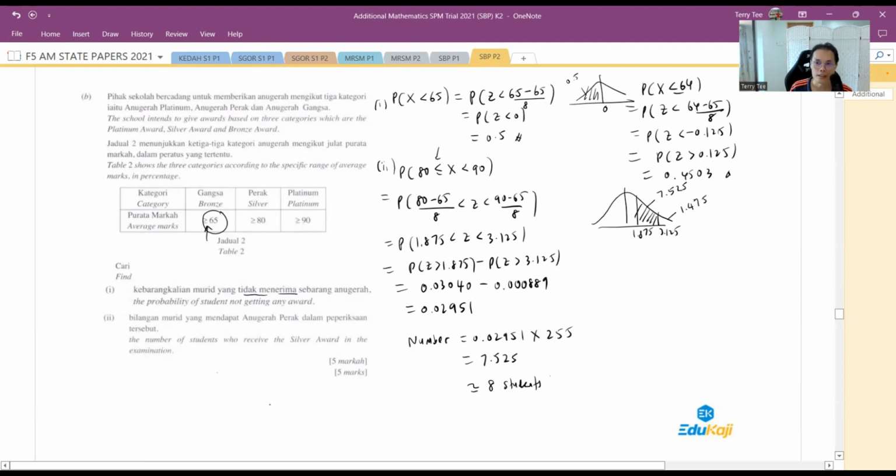Do you round this down to 7 or up to 8? You cannot say this one I round down to 7, and this one I also round down to 1. Then what happened to the extra 1%? It goes missing, right? So we round off to the nearest integer, like how we do normal rounding off.